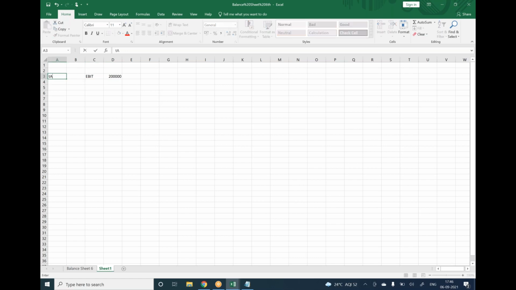Tax say 30%. So what is my tax here? 2 lakhs into 30% is 60,000. So what is my net income? EBIT minus tax. Just type yes. Fair enough. This is correct. Any doubt you have?